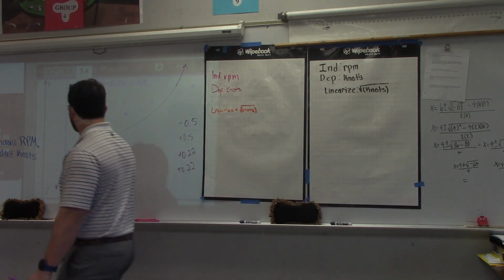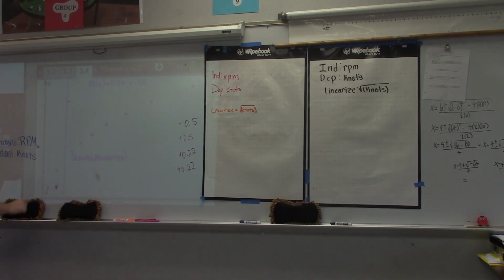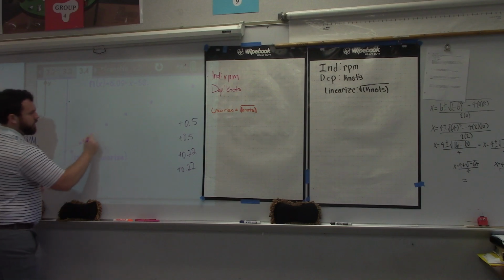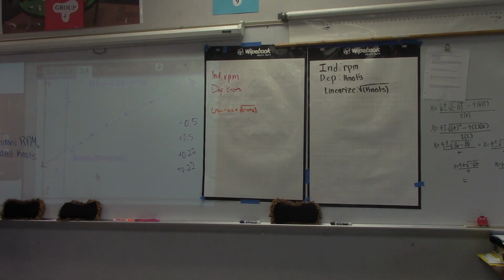So, it doesn't look linear here, does it? But what about if we look here? Is it somewhat scattered around that? Yeah. Remember, the real world's what? Messy. When you start driving and you're accelerating, it takes a second to start accelerating, doesn't it?